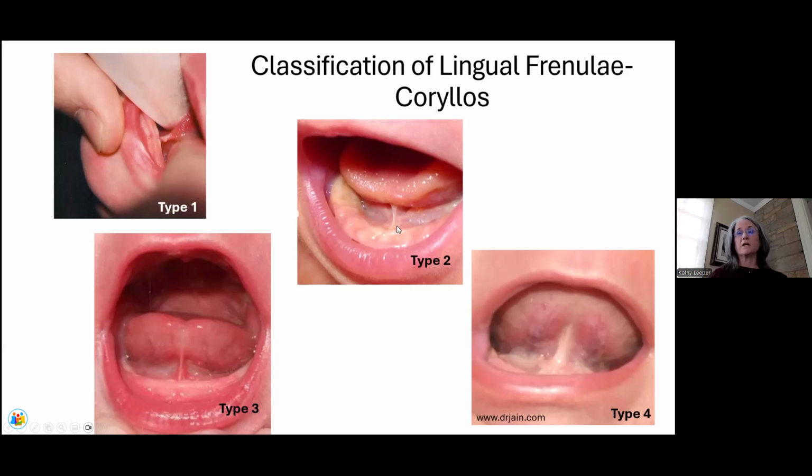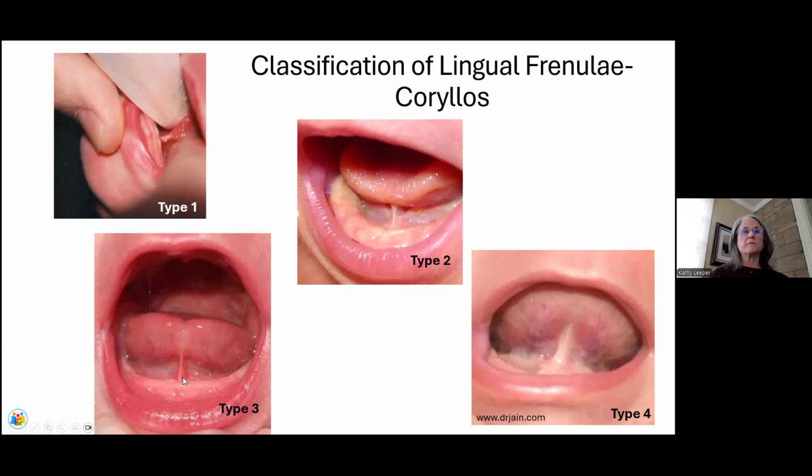Type 2 attaches somewhere between 25% of the way back on the tongue and 50% of the way back when you extend the tongue. So typing's tricky depending on whether the infant is pulling their tongue back or sticking their tongue forward, and it can be difficult to decide, especially a 2 from a 3.